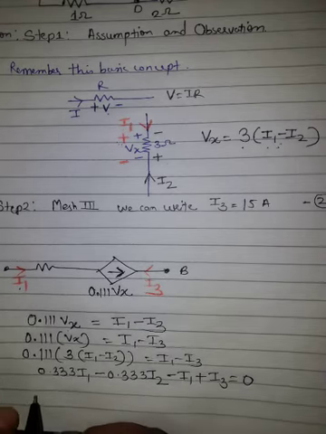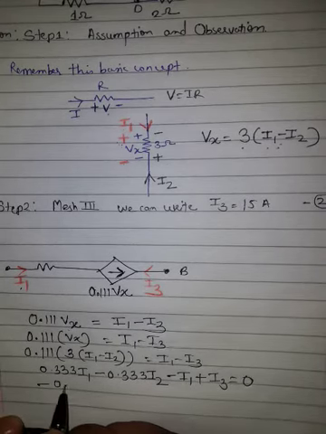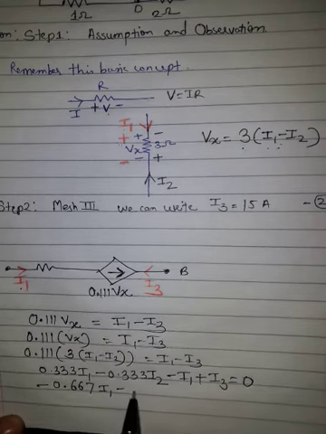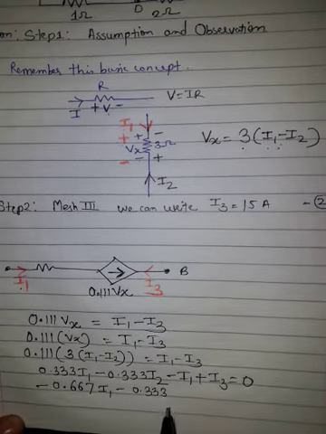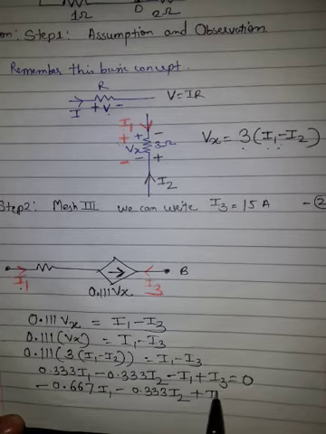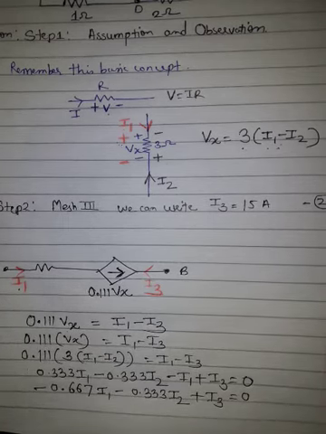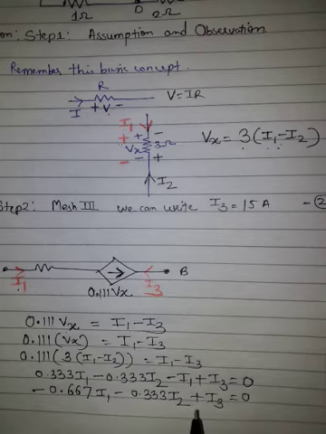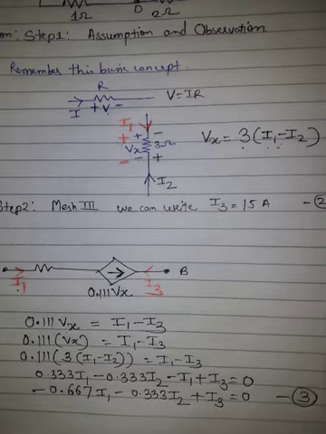So this will be minus 0.667 I1 minus 0.333 I2 plus I3 equal to 0. So here we get equation number 3.